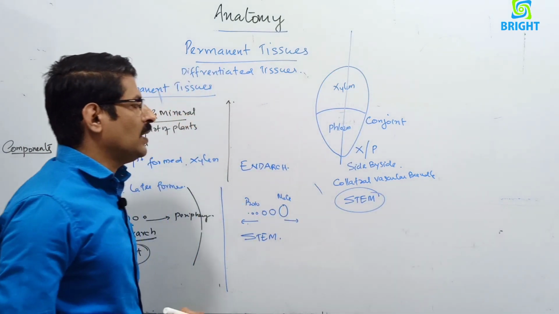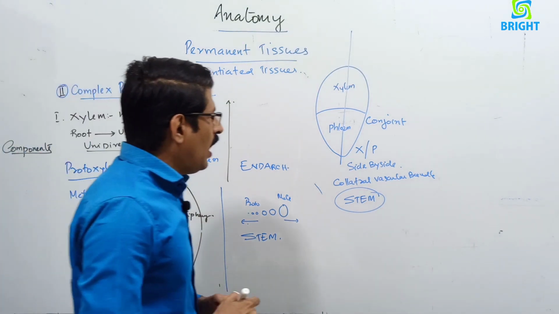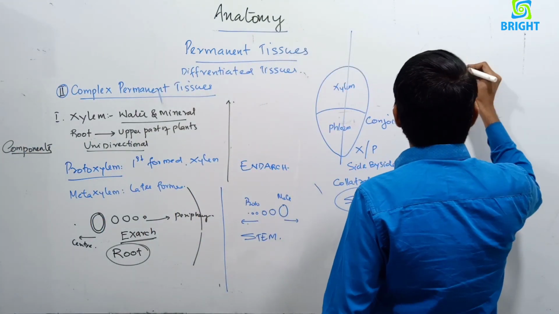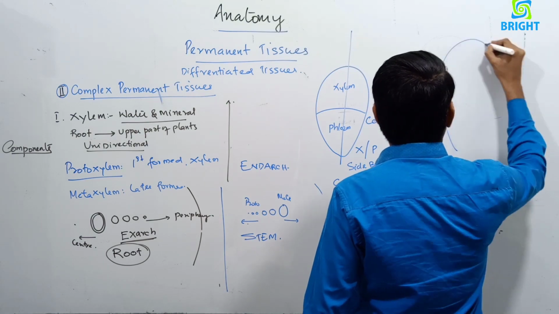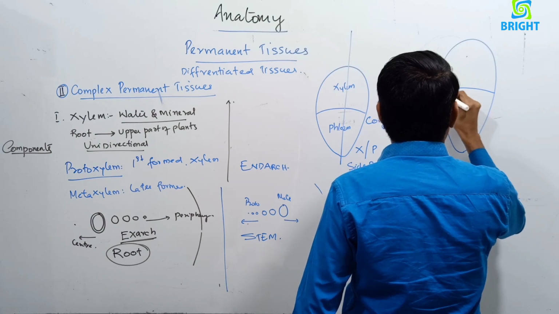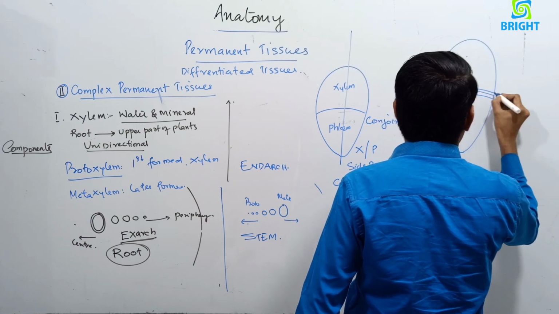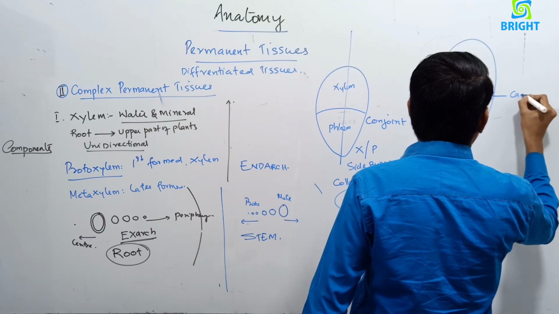In stem, there is conjoined collateral vascular bundle. Here xylem is present, and in the lower part phloem is present, but in between xylem and phloem there is cambium.